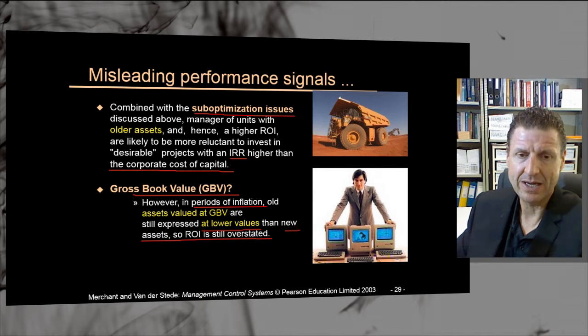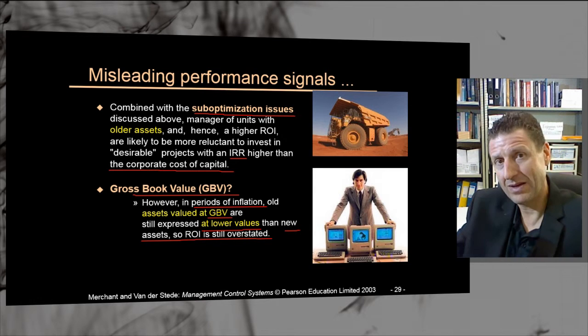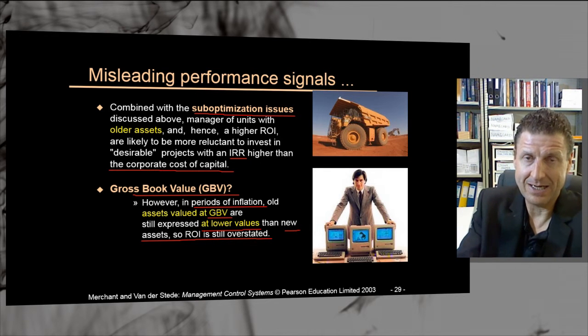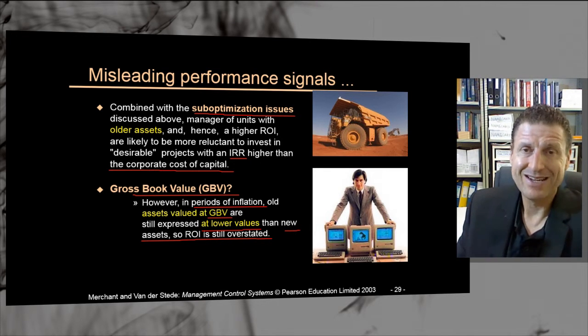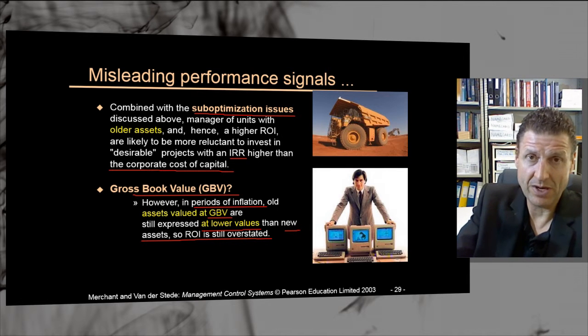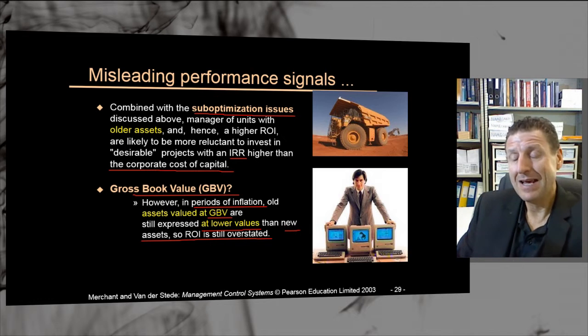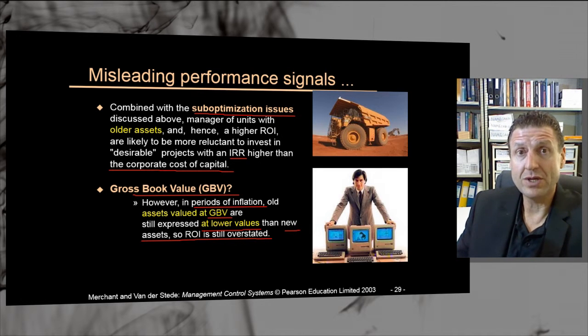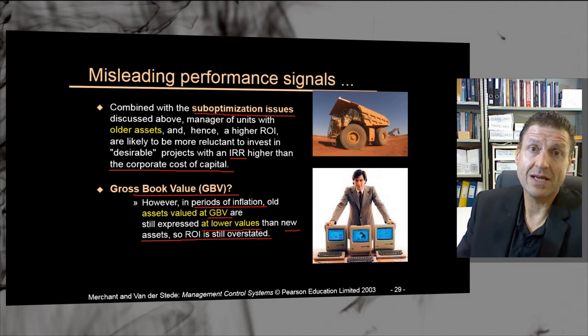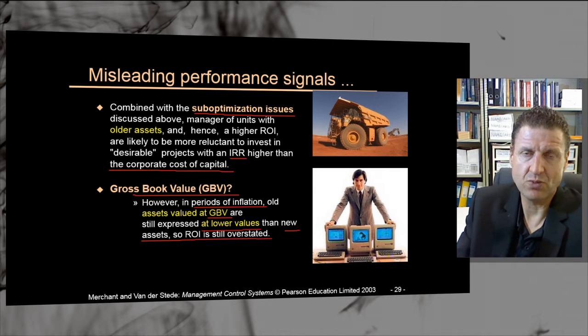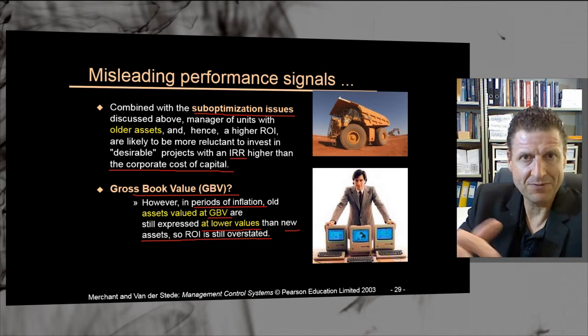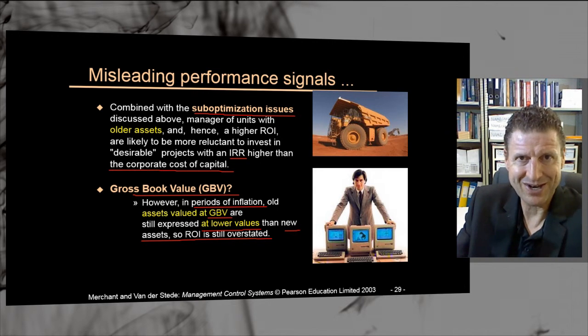And so the point here, gross book value, in other words, you're not writing down the asset from depreciation, you're still retaining the gross book value of the asset, and you're thinking, okay, we can overcome this, right? No, because still newer divisions have to pay more for machinery, for robotics, for buildings. Why? Because inflation goes up over time and things get more expensive over time.